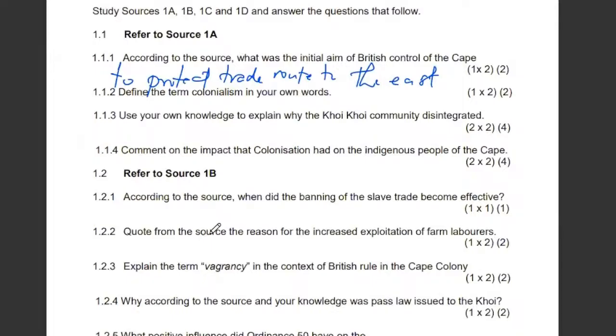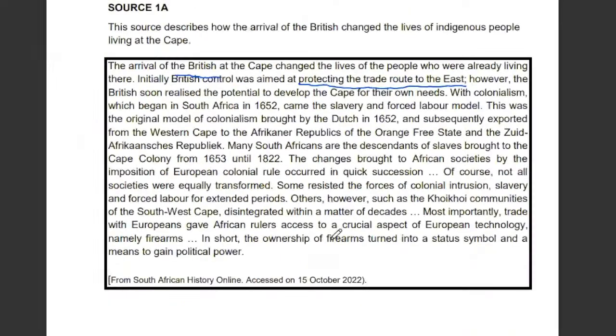The next question says, use your own knowledge to explain why the Khoi community disintegrated. Let's try to check from the source and get an idea. The source says, others, however, such as the Khoi communities of the Southwest Cape, disintegrated within a matter of decades.